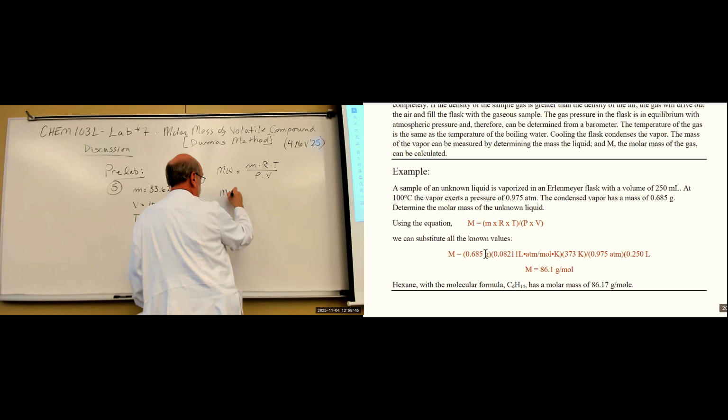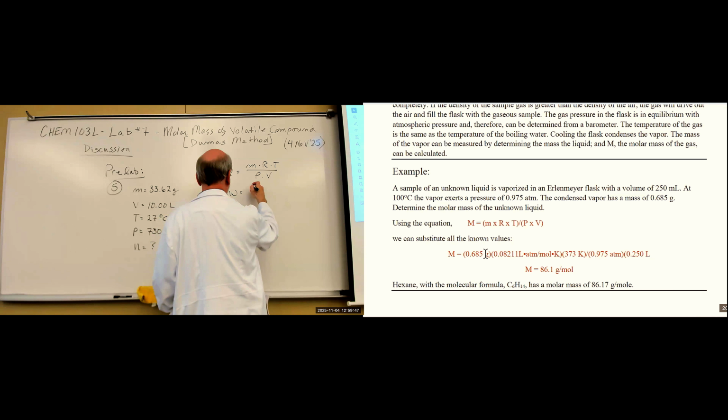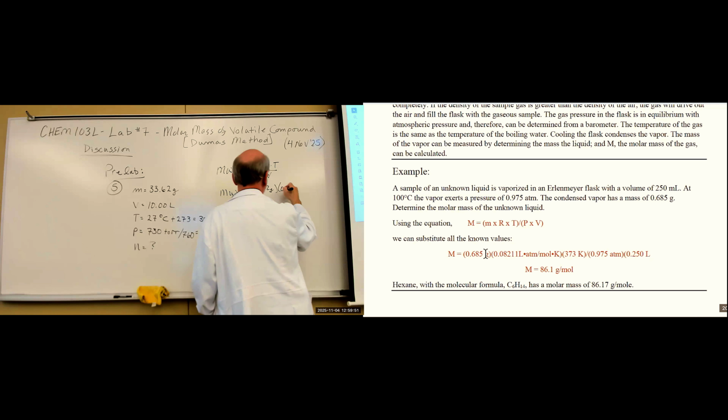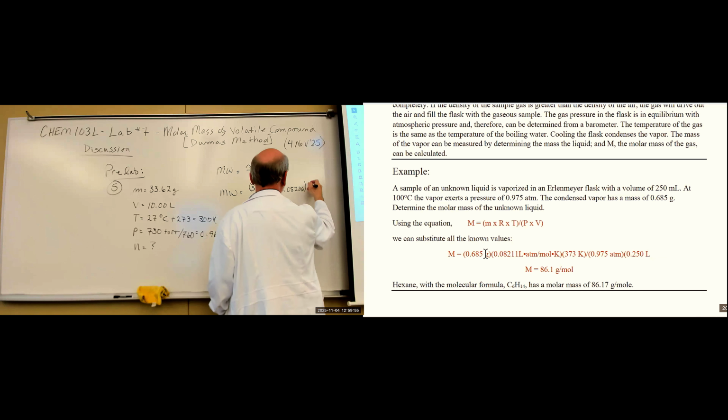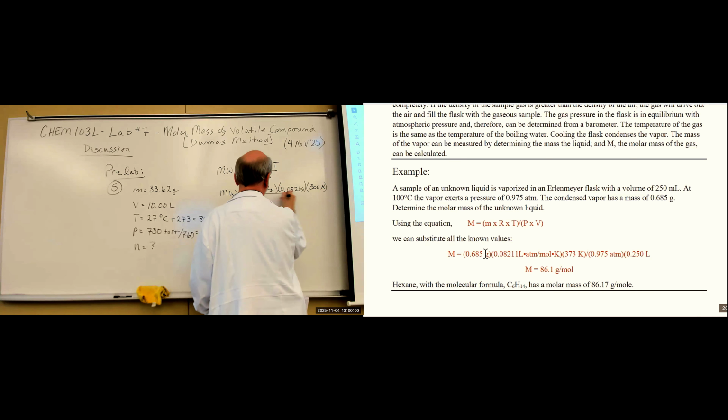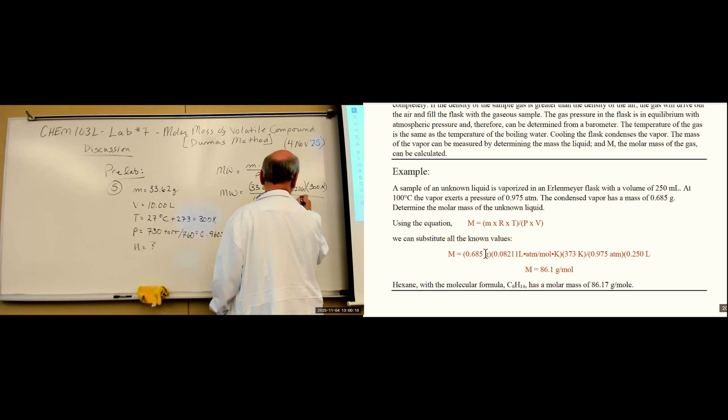So if we plug in the values, 33.62 grams, 0.08206 liter atmospheres per mole K, 300 K. Pressure is 0.9605 atmospheres. And volume is 10 liters.